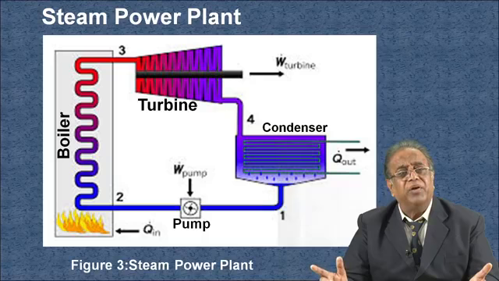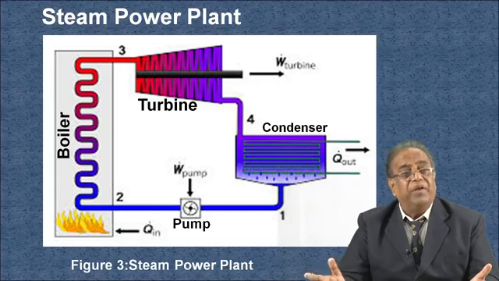Thereby, it is converted into the liquid phase of the circulating substance. So water is coming out from point 1, and the pump sends the water back to the boiler again for completing the whole cycle.